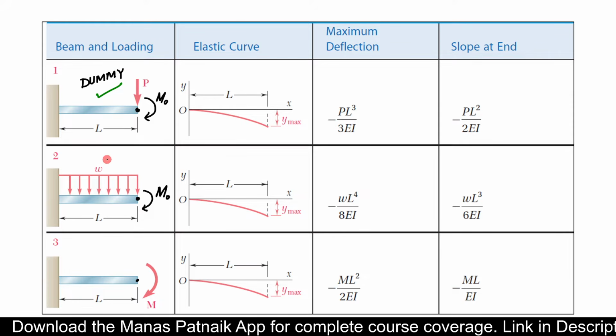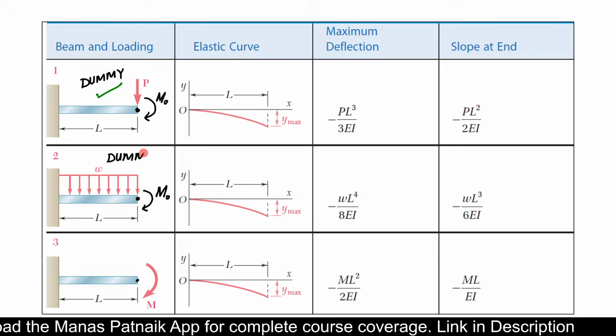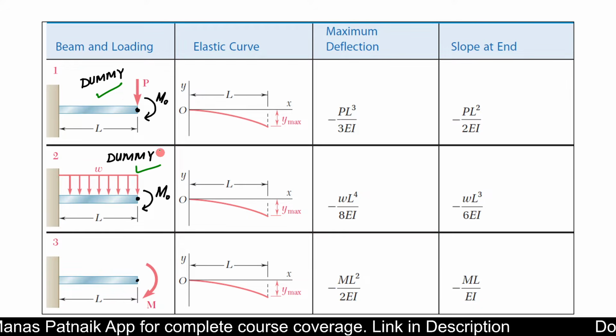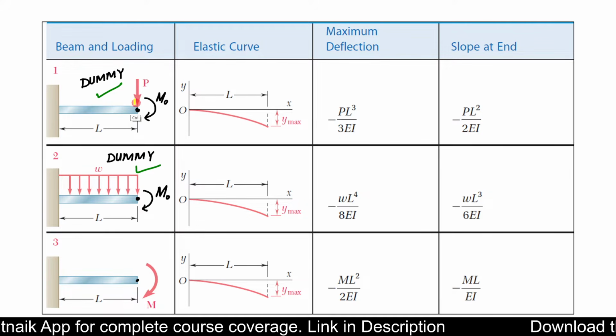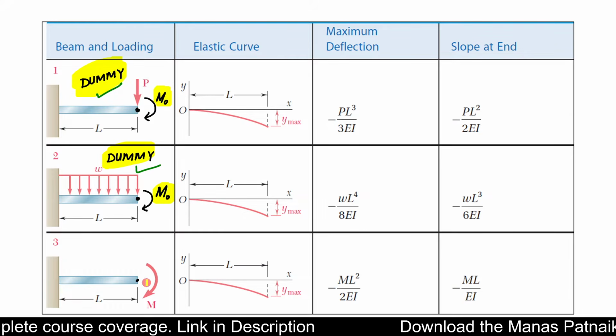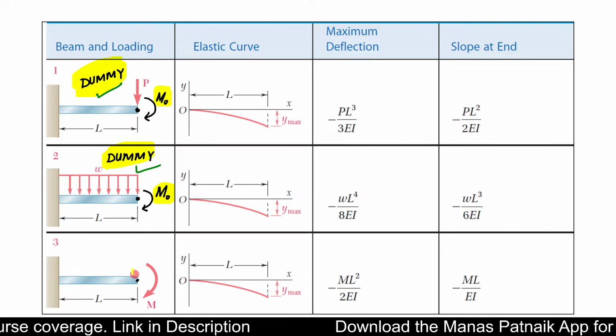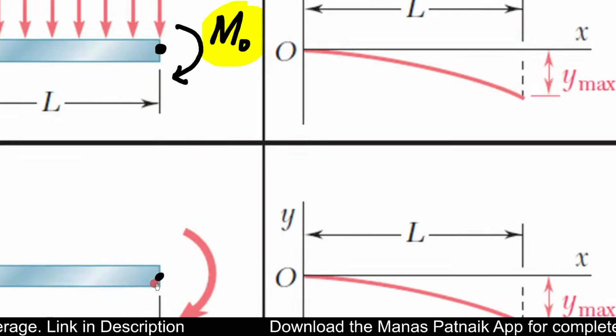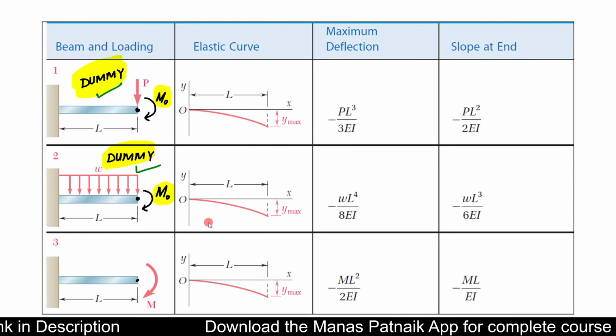In both of these cases, case 1 and case 2, you have to apply some dummy couple. Here, however, you don't need to apply a dummy couple because there is already a couple acting at this free end. I think we are good to go.